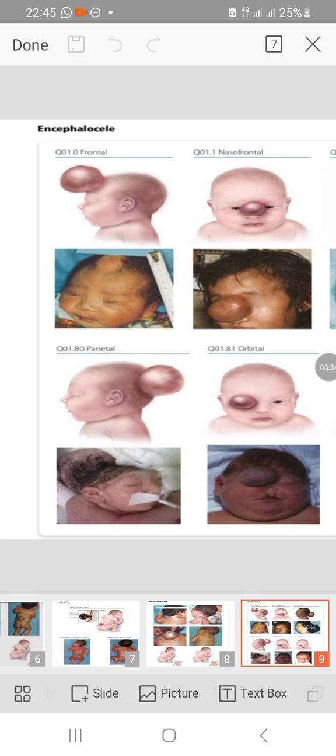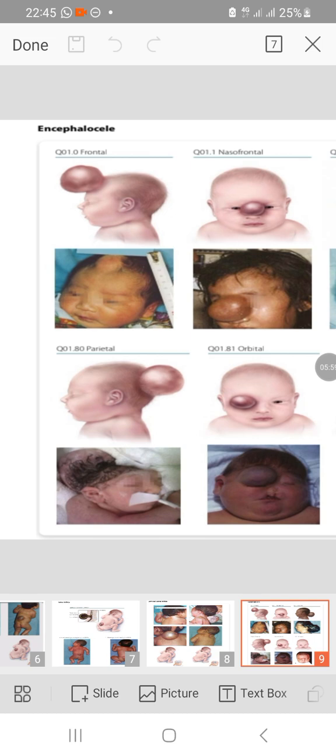Sometimes the encephalocele occurs due to the neural tube, as we mentioned. The neural tube may fail to close, therefore there will be the production of chirin. The chirin is produced by chirin 2 cells.